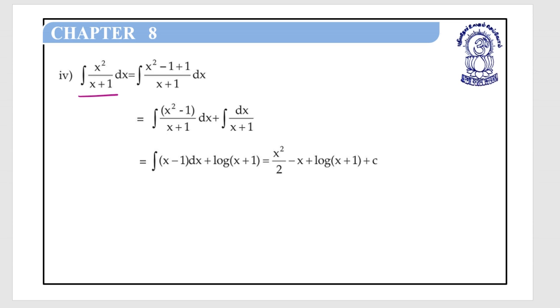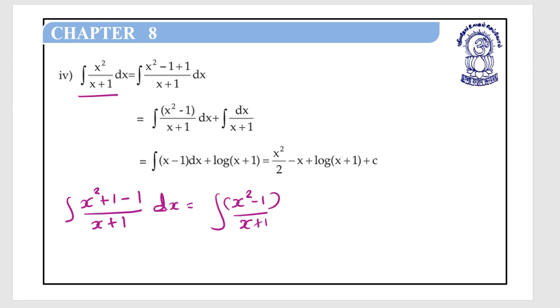Integration of x square by x plus 1 dx. Whenever that type of sum comes, you have to take x square plus 1 minus 1 over x plus 1. Okay, so easily you can solve this. It is equal to x square minus 1 upon x plus 1 dx plus 1 dx upon x plus 1.